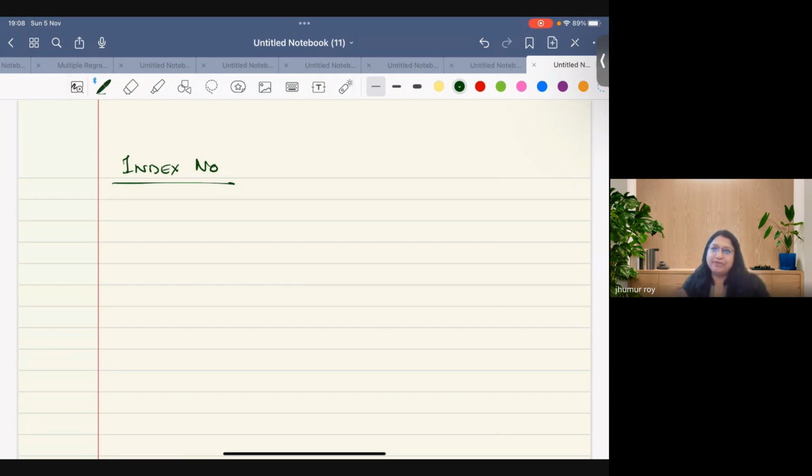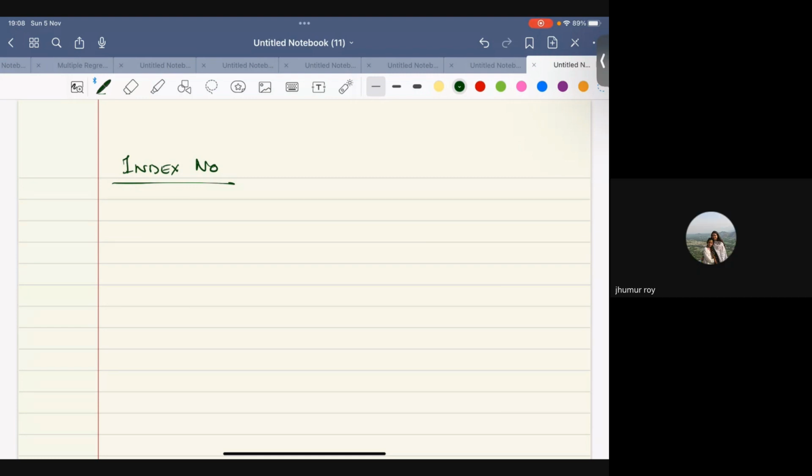For them, index numbers is something which is taken as a base, so that it tells them that if their salary is increasing, by how much have prices increased, or what is the cost of living index in a particular country. So there are many, many different kinds of measures. I will be just dealing with some basic measures in today's class to make you understand the concept. Okay, so let's start.